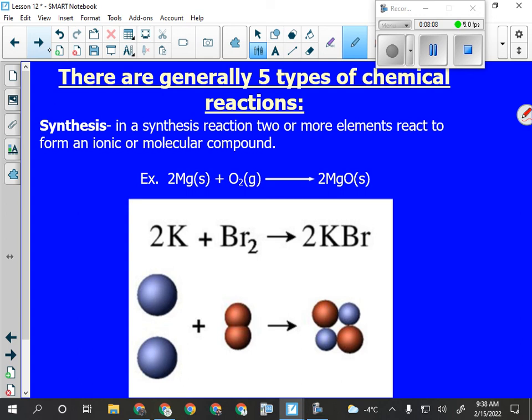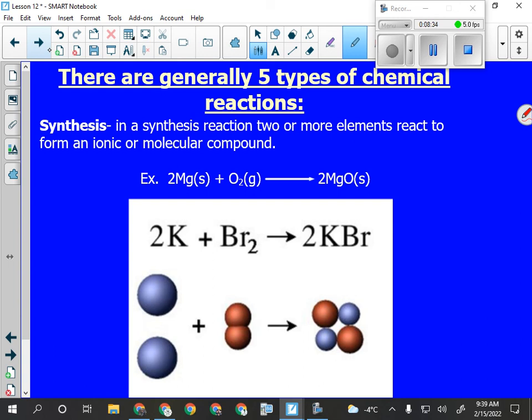So on this side of the reaction, in the reactants, I have two magnesium atoms, and over here, I still have two magnesium atoms. How many oxygen atoms do I have on this side? Two. It's a molecule of oxygen, but a molecule of oxygen is made up of two oxygen atoms.